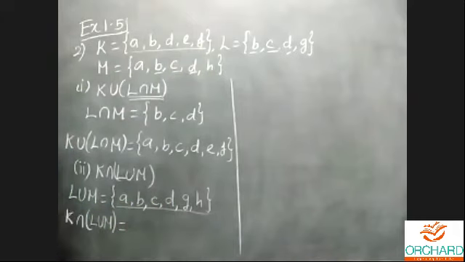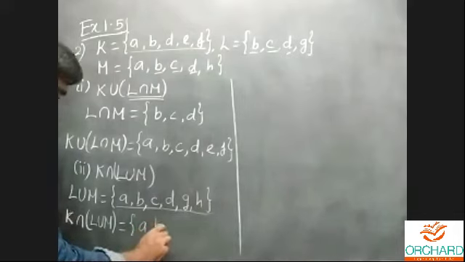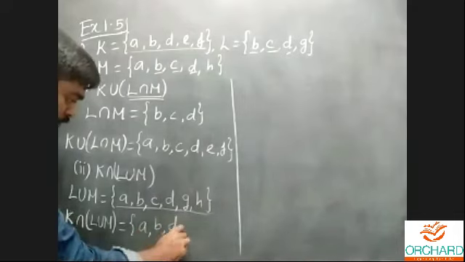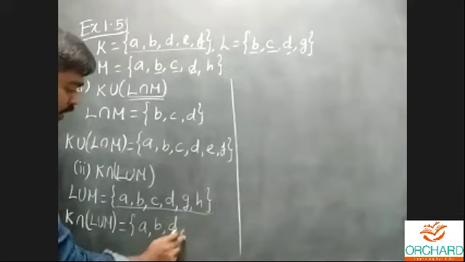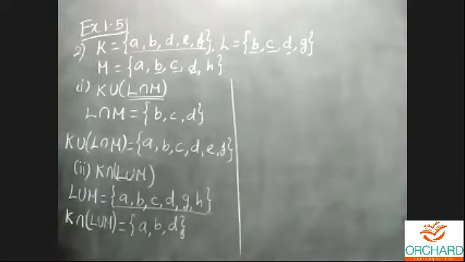What are the common elements? A and B, next D, and that's all. A, B, D. Only the 3 elements are common. This is the solution for subdivision number 2.